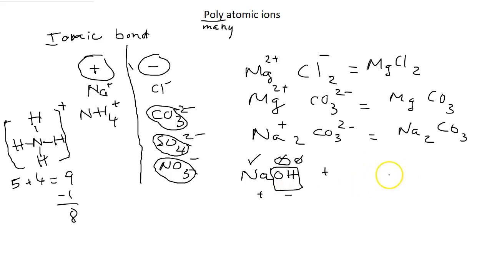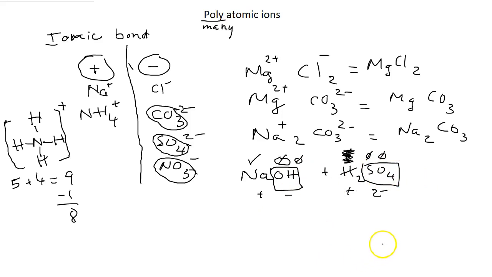Say NaOH reacts with H2SO4. H, S, and O are all nonmetals. However, since we know this is an acid and H will come off, we can consider that H has a positive charge and SO4 has a negative charge, and SO4 is your polyatomic ion. Each H has one positive charge, and SO4 has two negative charges.